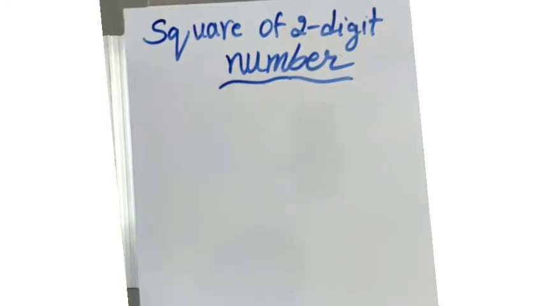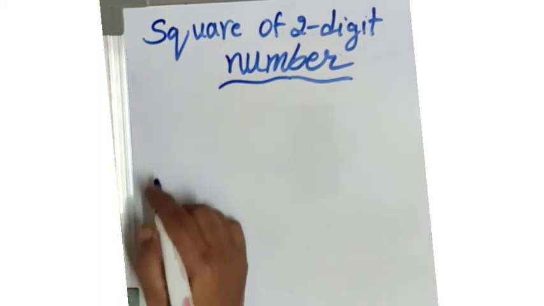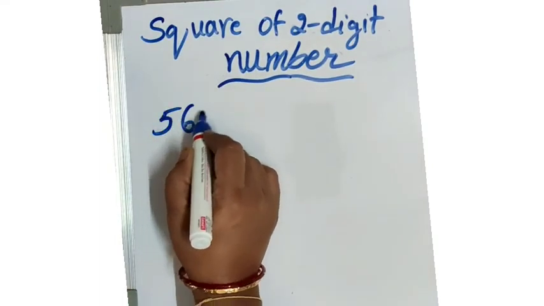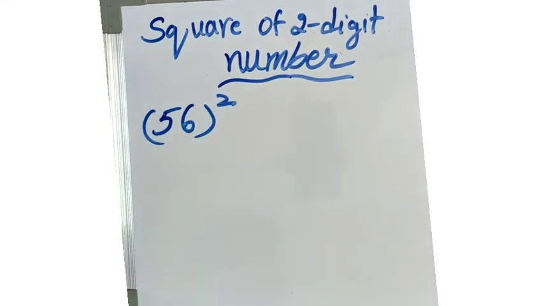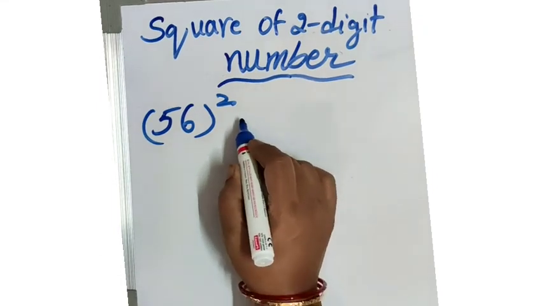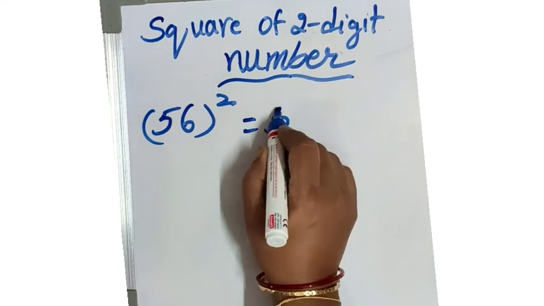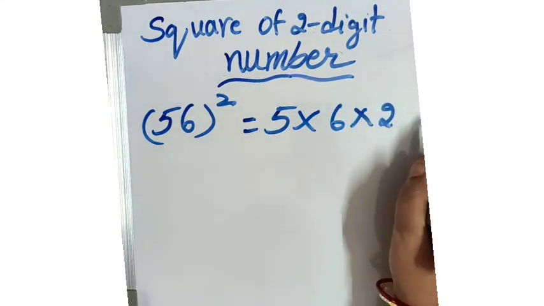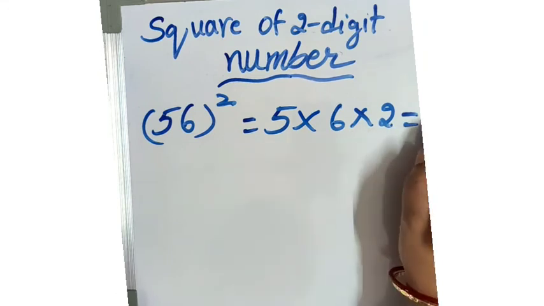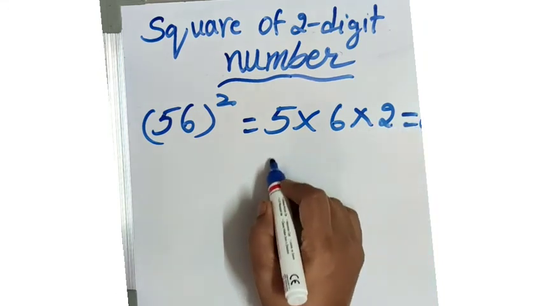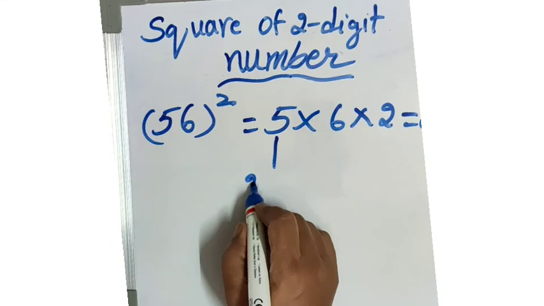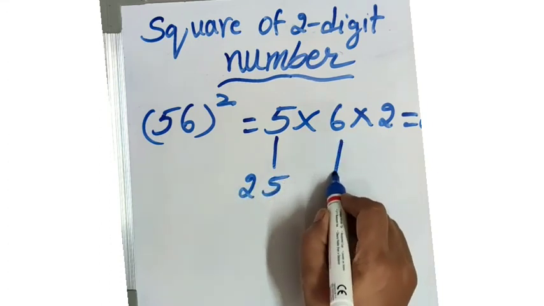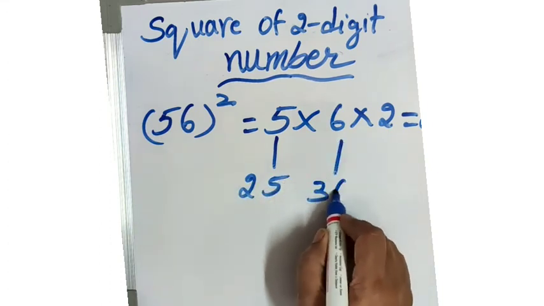Now I will give you a number. Try to do it in 5 seconds. 56 square. Come on, start. Now let me do this. 5 into 6 into 2. What do you get? 5 6s 30, 2 6s 60. Now square of this 25. 6 square is 36.